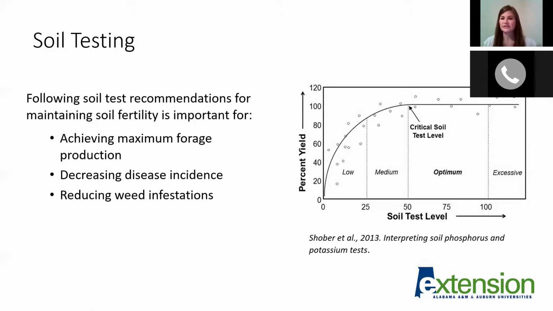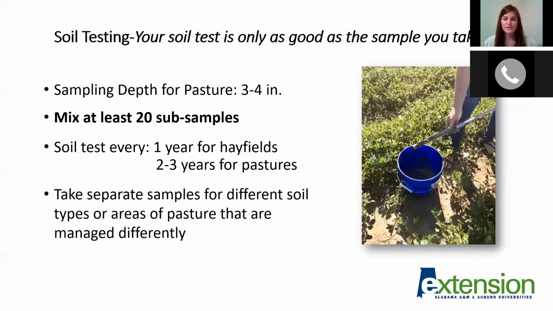So soil testing is there to help you reach that critical soil test level where we're maximizing production without putting out excessive nutrients. Because we don't want to put out excessive nutrients for 2 reasons. 1, it can be a waste of money, and 2, certain nutrients like nitrogen and phosphorus, when they get in our water sources, can be damaging to the environment.